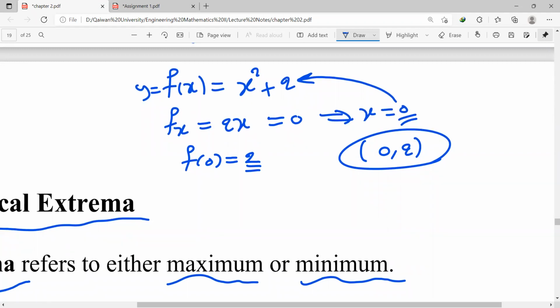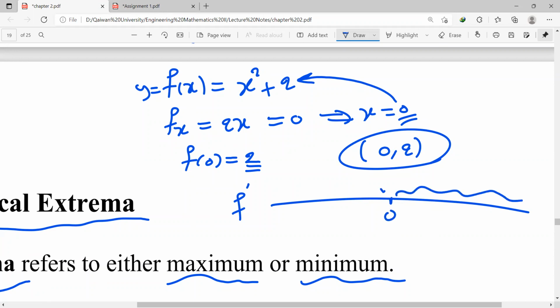Now, let's say this line is f prime, and here we have 0. We pick a point somewhere here, and also pick a point somewhere here, and plug them into the derivative. If f prime is bigger than 0, it means the function is increasing in that interval.